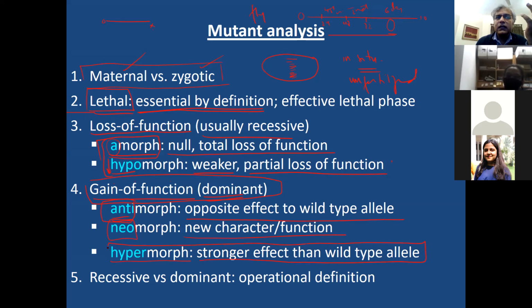Go back and brush up your genetics lecture 221. There you find how we conclude your mutation is amorph, hypomorph, antimorph, neomorph, or hypermorph.